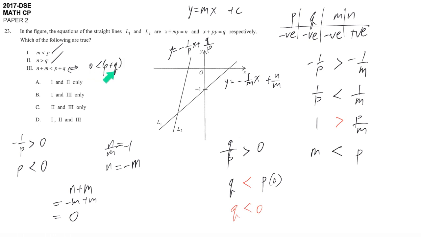Then we look at P and Q. P and Q are both negative values, so if we add them together, the sum should be negative also. But they say this is larger than 0, so this is not the same as our condition here. That's why the third statement is wrong. P plus Q should be smaller than 0. That's why our final answer is 1, 2 only. The answer is A.